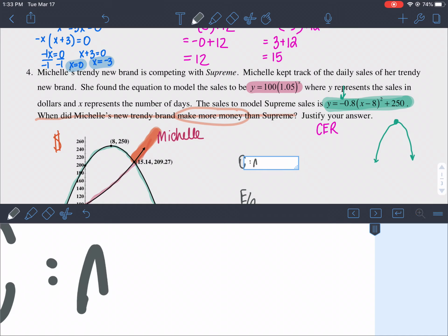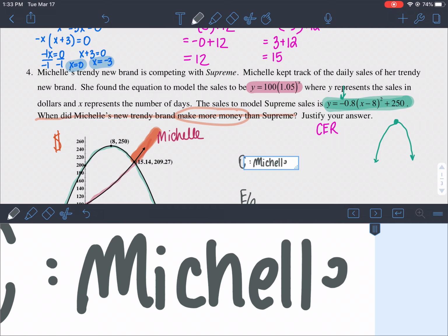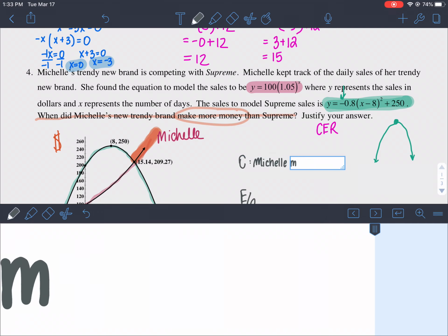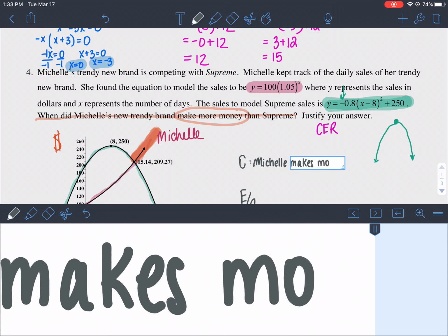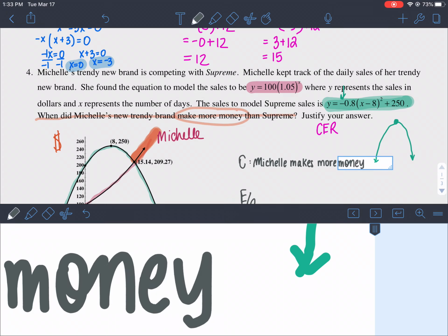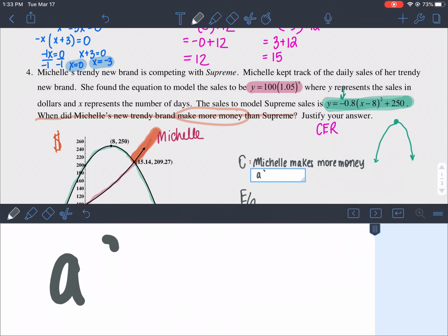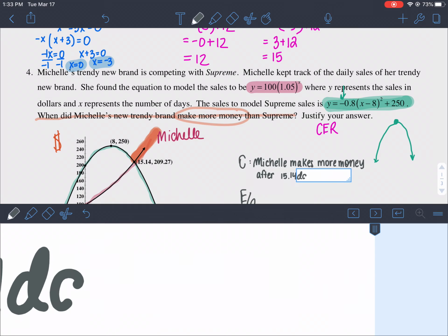My claim is going to be that Michelle makes more money after 15.14 days. So during that 15th day.